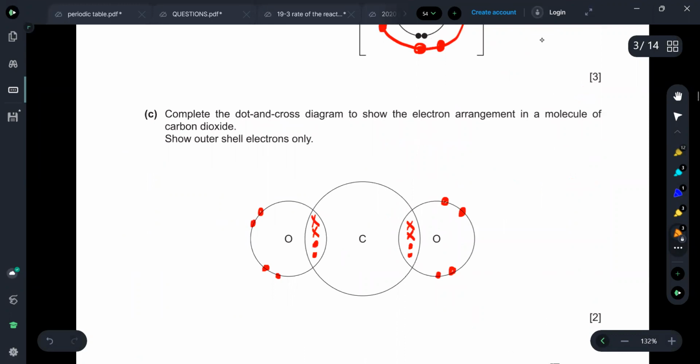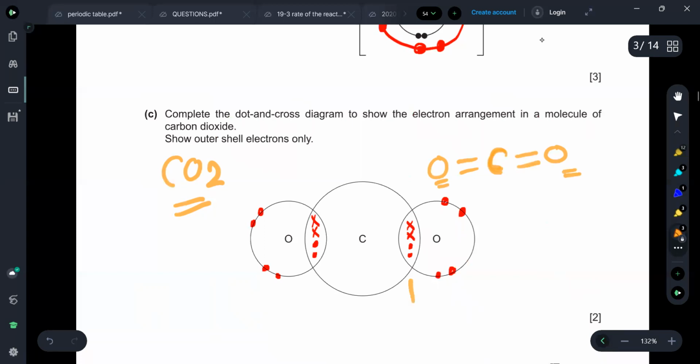Complete the dot and cross diagram to show the electron arrangement in a molecule of carbon dioxide. Carbon dioxide is O=C=O, which is CO2. So there is a double bond between carbon and oxygen, and a double bond between carbon and the second oxygen.